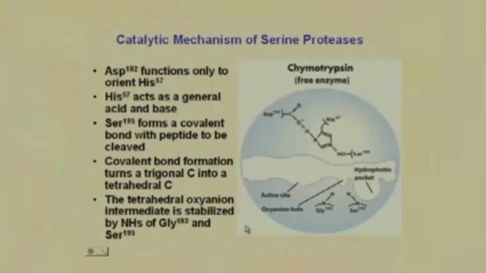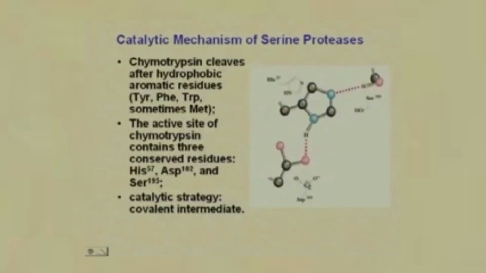So what are the steps involved? I'm going to go through this quite slowly, but I want you to follow the mechanism because it's extremely interesting. Now, the first thing that we have to know is what is important about the three particular residues that are part of this. These three residues are known as a catalytic triad.